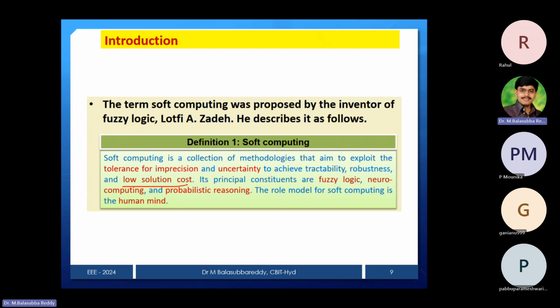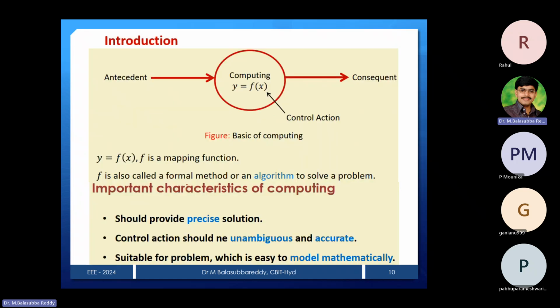So this soft computing is modeled on the human mind, and problems are solved like that. Now we can observe here a function, like computing. What you are going to compute is y with respect to some function. So y is equal to f of x. That is a control action. There is f of x consisting of some variables in x.